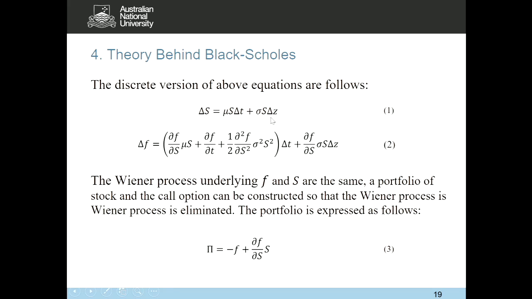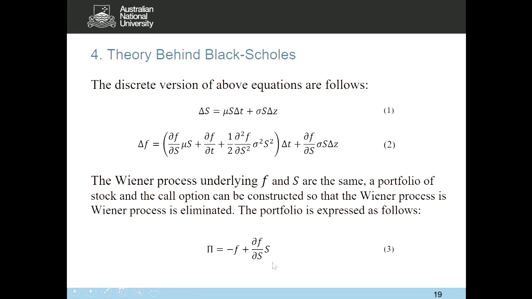They have the same delta Z. If the noise components behind F and S are the same, then perhaps we can construct a portfolio by shorting a call option and buying some amount of shares so that this noise component is completely eliminated. In plain language, we short a call option and long this amount of shares.